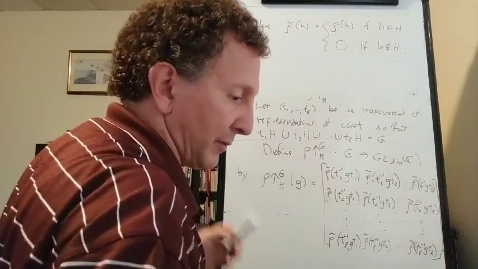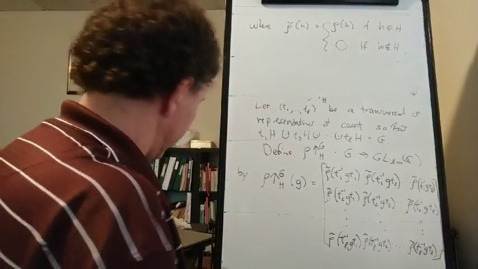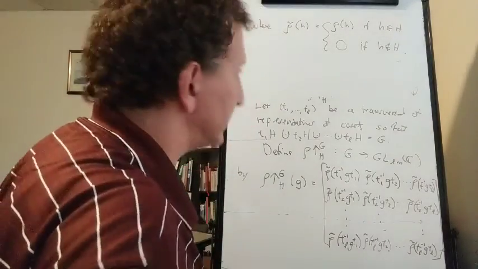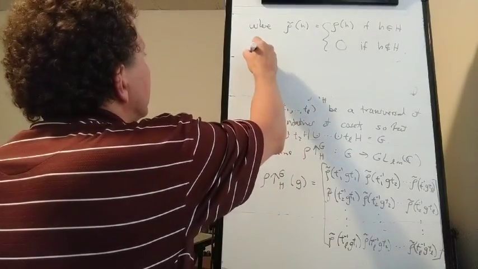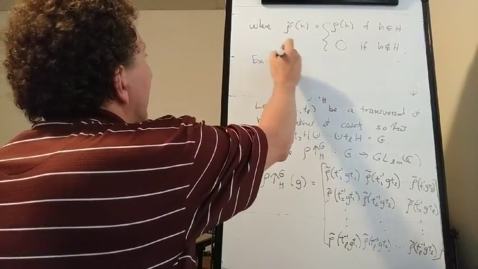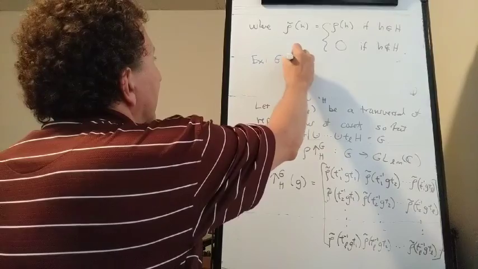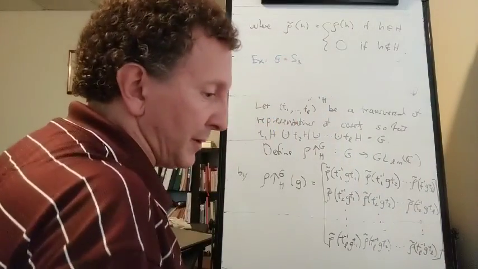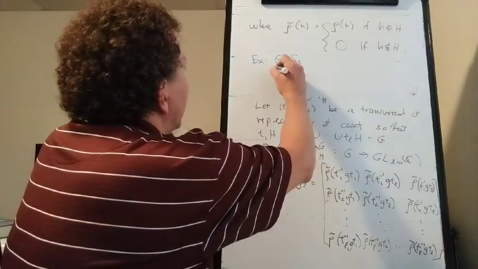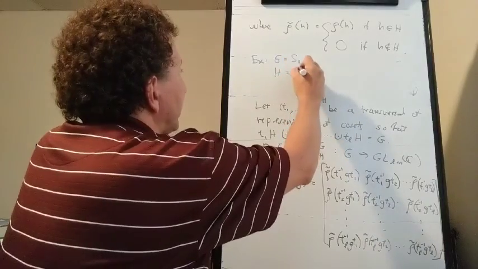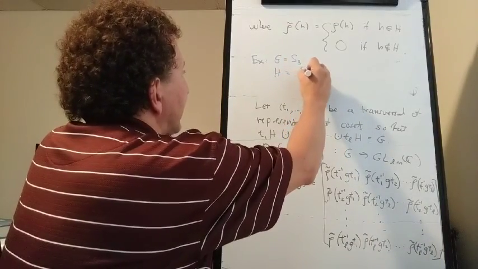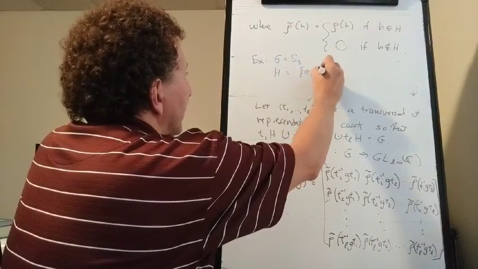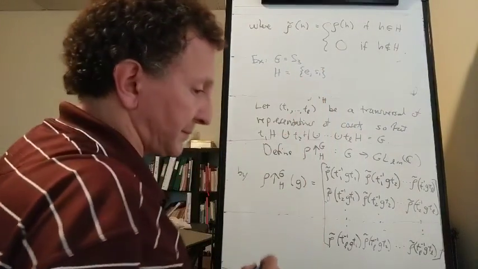So let's do an example of that. Let's let G be the symmetric group S3, and let's let H be the subgroup generated by s1, so just the identity and s1.